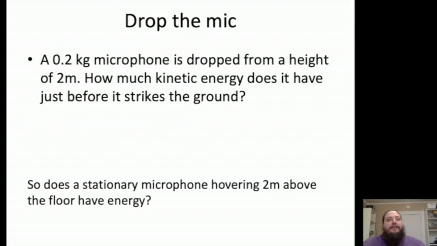Well, instead of thinking about the work done by gravity, if we thought about, well, we lifted the weight up and it didn't change the kinetic energy of the weight, but it changed the potential energy of the weight, then the work was still adding energy to the system as we lifted the weight or the microphone, but the energy wasn't going into motion or kinetic energy, but rather the energy was going into a change of position.